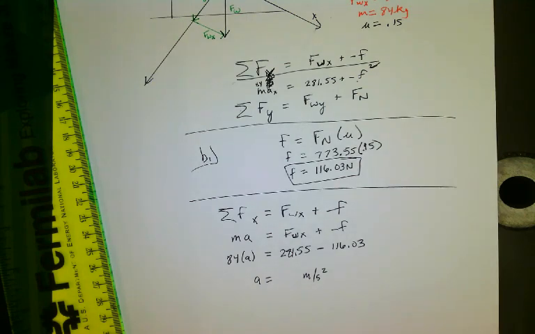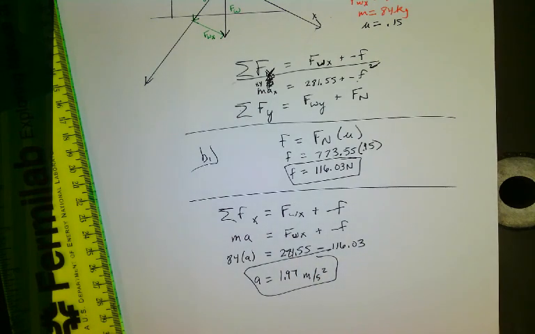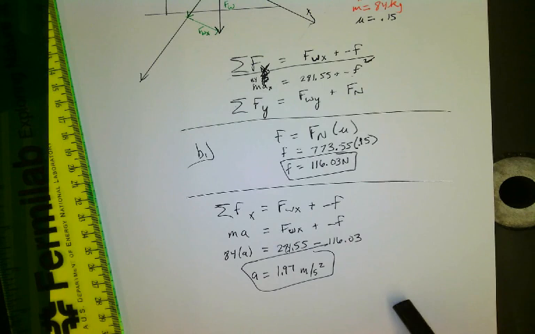How much is he accelerating? Black diamond. Seven. Yay. Good.